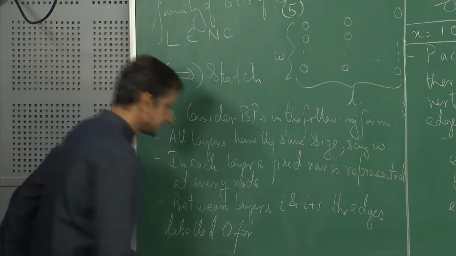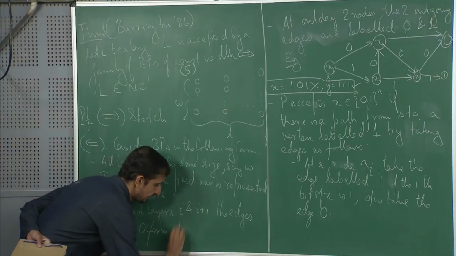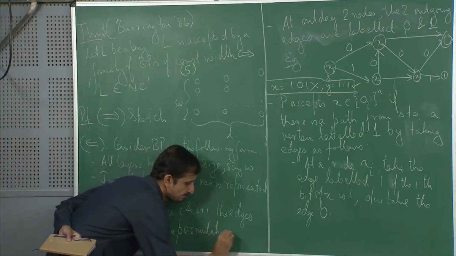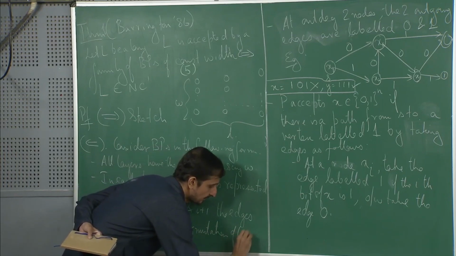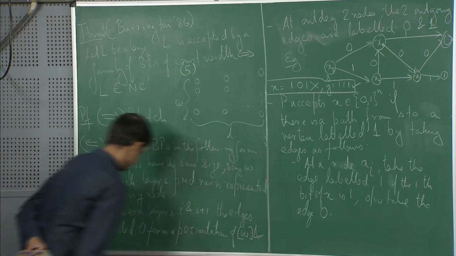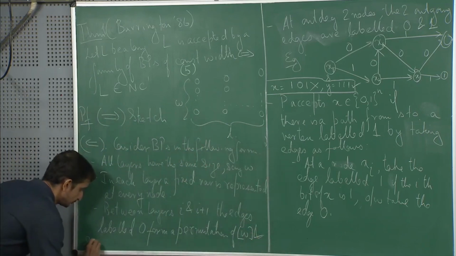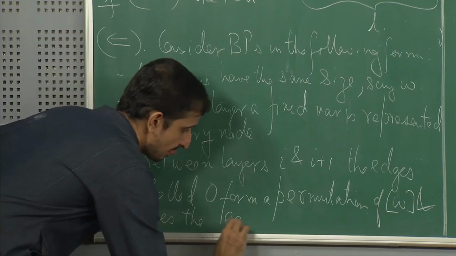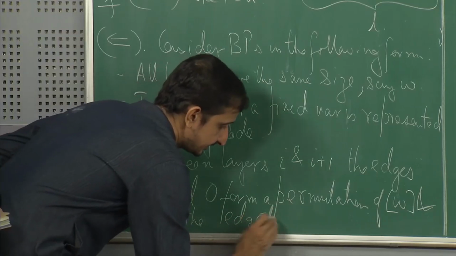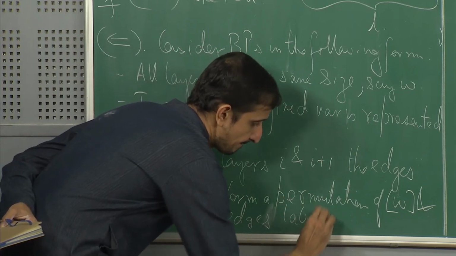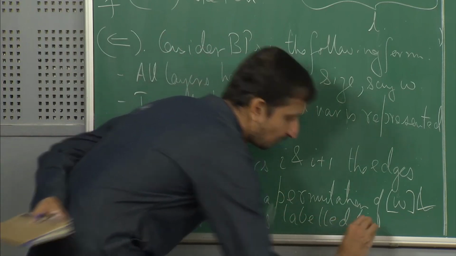form a permutation of W, and so do the edges labeled 1.